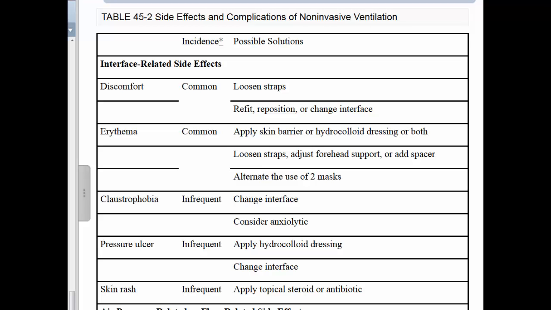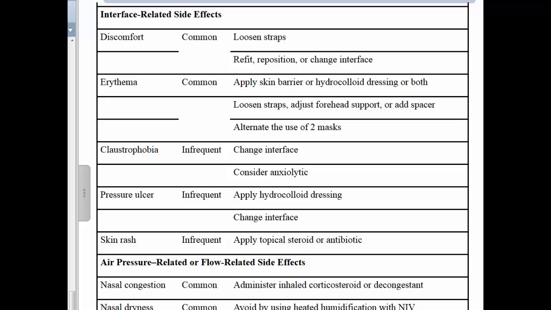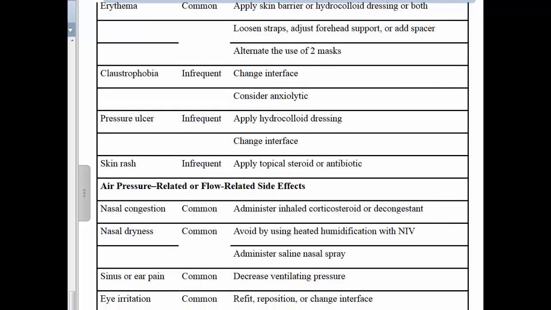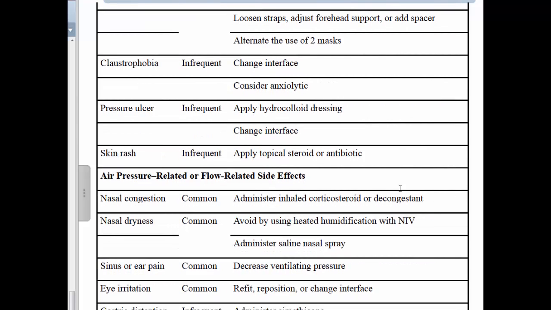Okay, other problems, erythema, claustrophobia is a big one, pressure ulcer across the bridge of the nose. And again, sometimes if you put a pad under the bridge of the nose, even if it causes a slight leak, it might work okay.